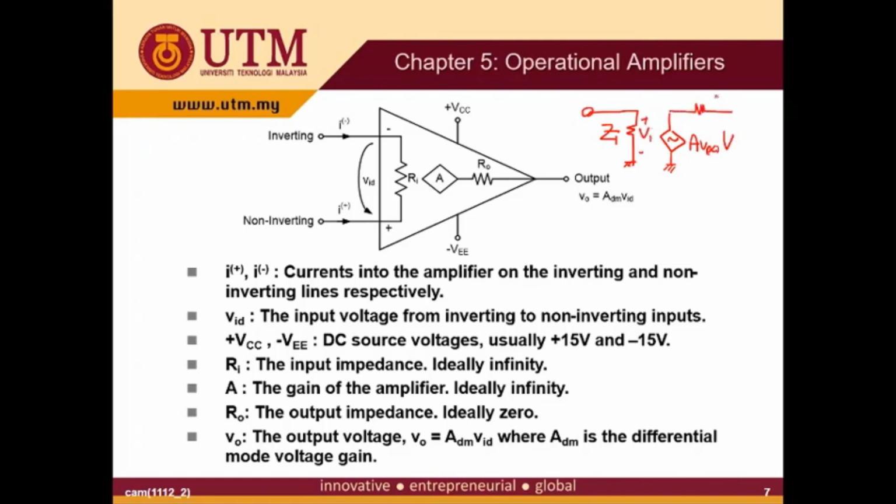At the output we have the Z out. The same general amplifier can be applied to the op-amp. Here Ri is equal to Zi, A is the gain, and R naught is Z naught, the output impedance.